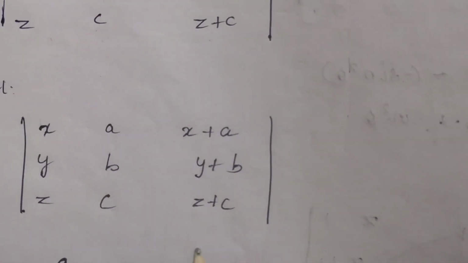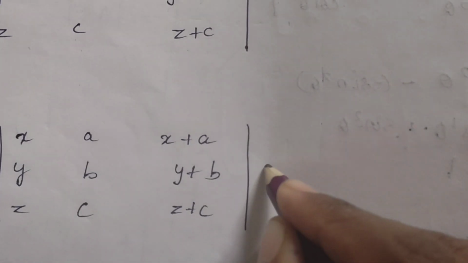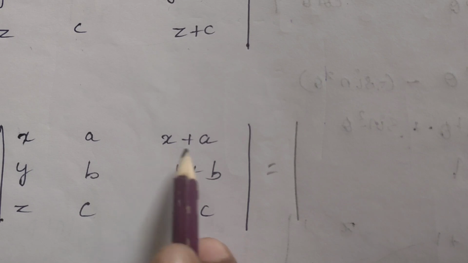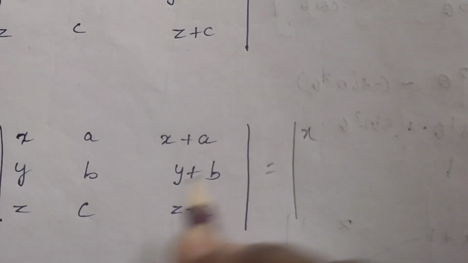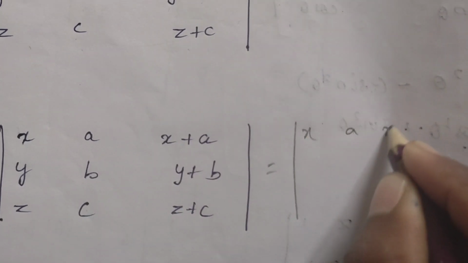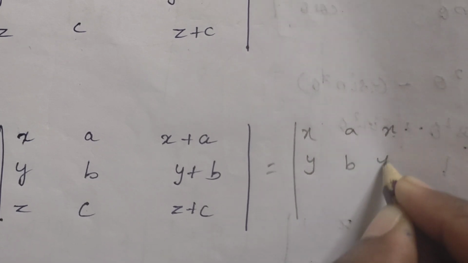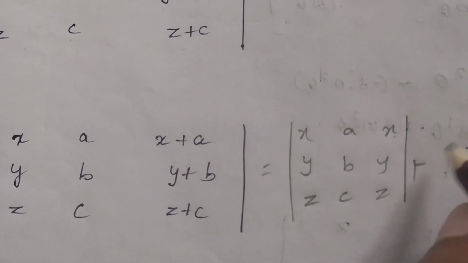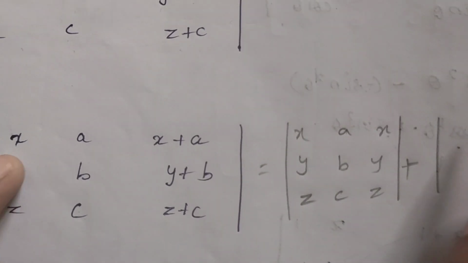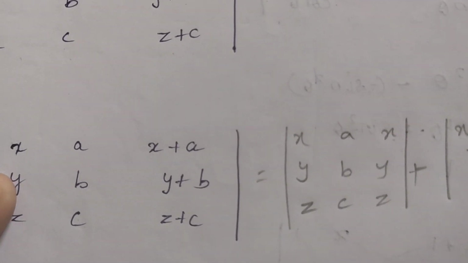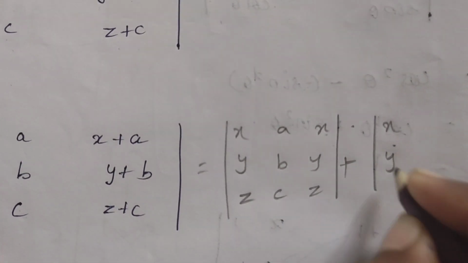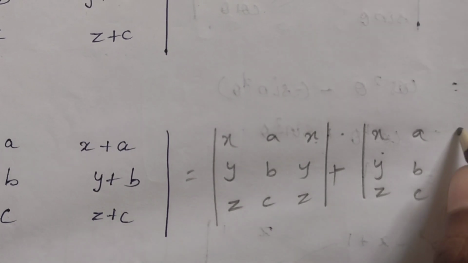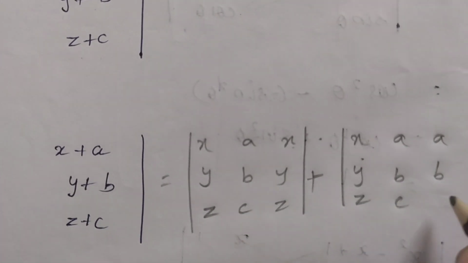The other method is that this can be written by splitting. By the last property, I can write the determinant as x a x, y b y, z c z plus the determinant x, y, z, a, b, c, a, b, c.